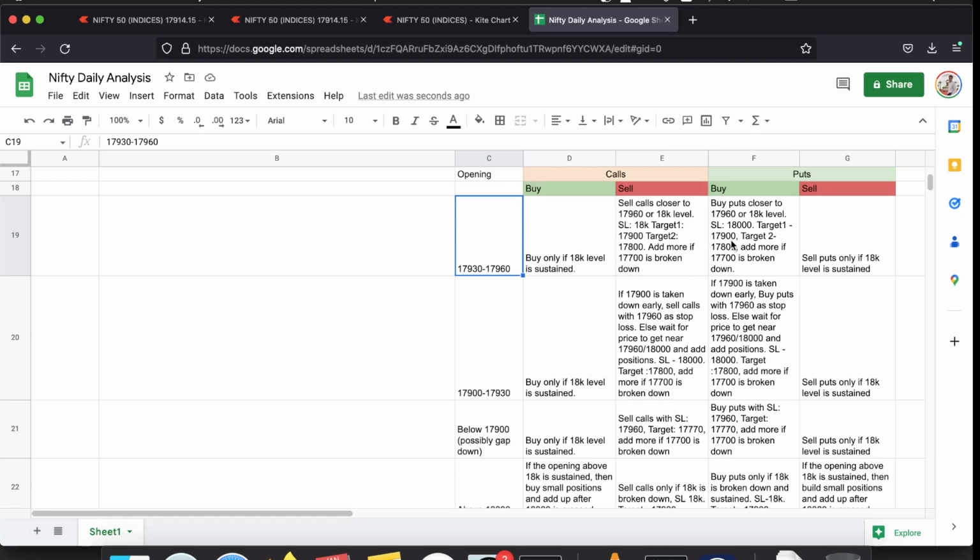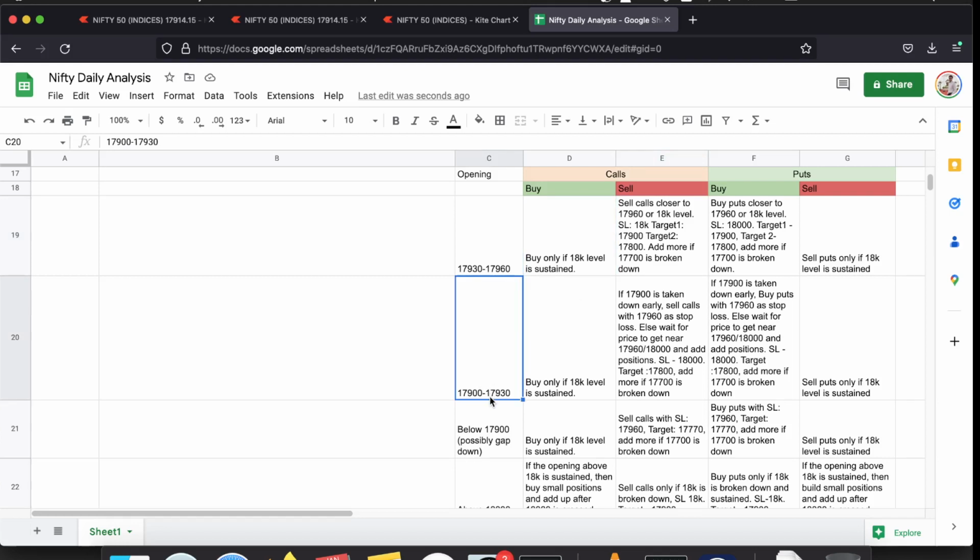But do that at a good resistance level, when Nifty is near a resistance level, so that the stop loss will be closer. After that, if the trades come into profit, then the target can be 17,900 as the first target, and later 17,800, and eventually if 17,700 breaks, then more positions can be added.